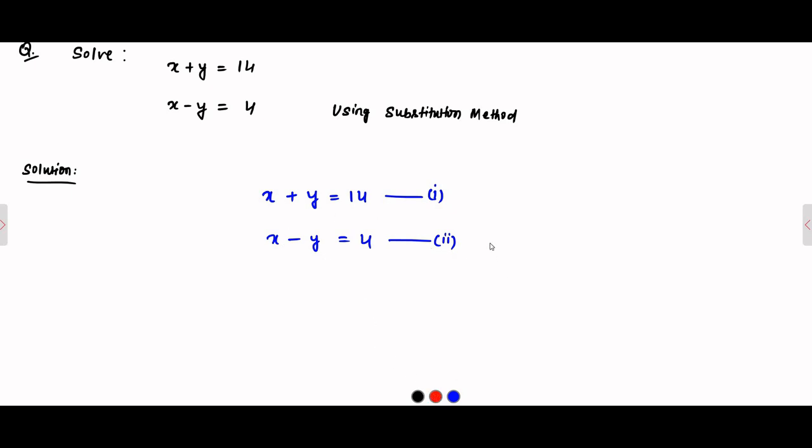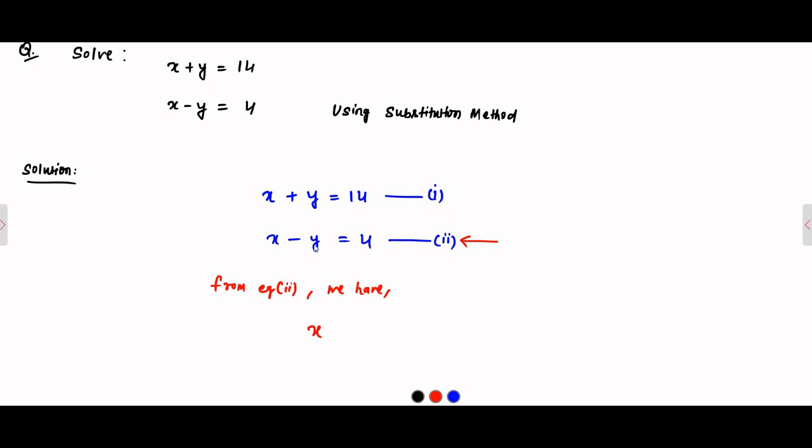Let's say you pick this equation. So from here we will express one variable in terms of the other variable. For example, let's say from equation 2 we have x.